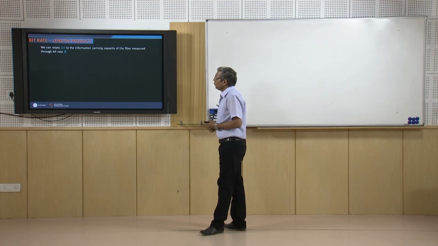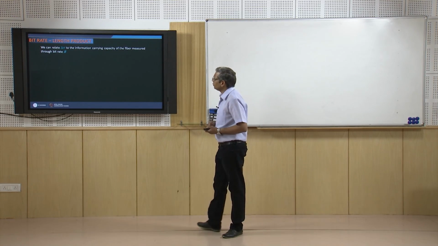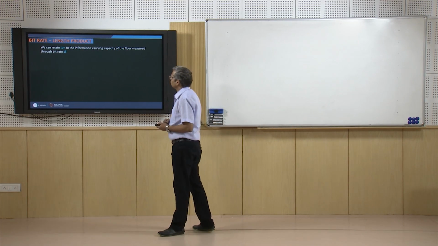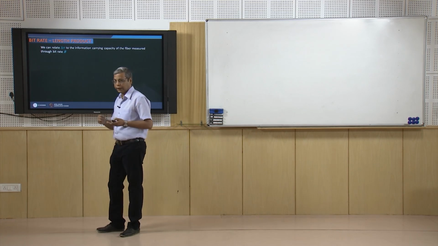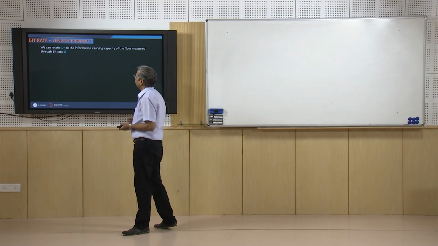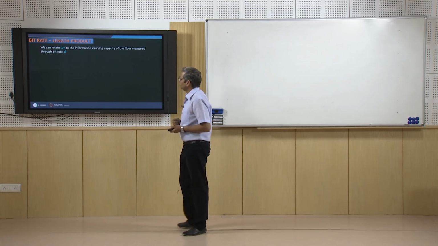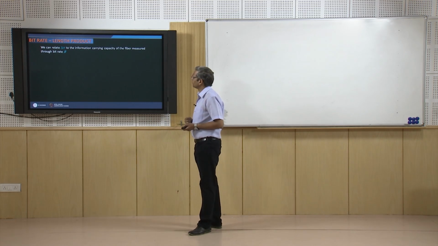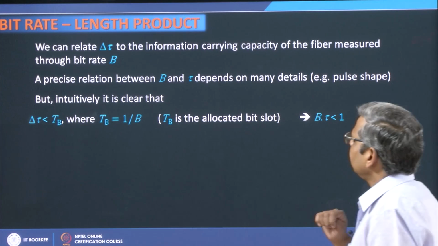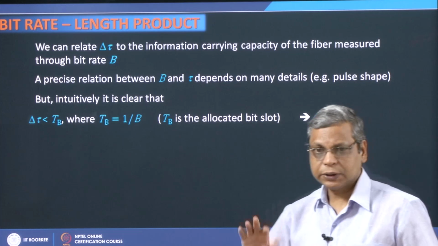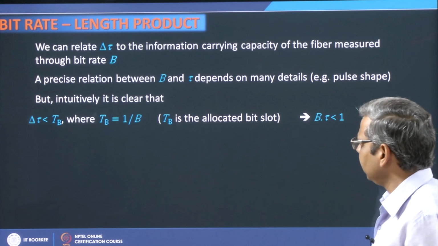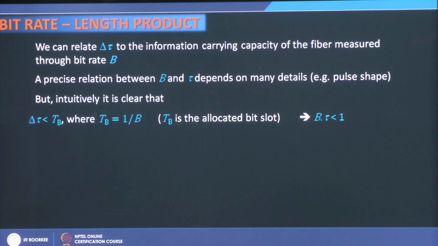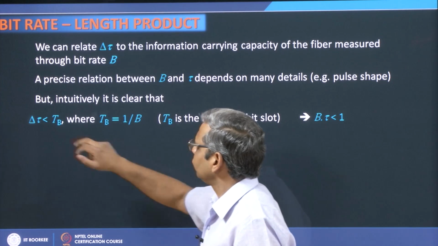Okay. So, in fact, we can relate this delta tau to the data rate, or the information carrying capacity, the data rate or bit rate. I can relate this delta tau to this bit rate B. A precise relation between B and delta tau depends upon several things like pulse shape or coding scheme, but intuitively it is clear that this delta tau should be less than TB.